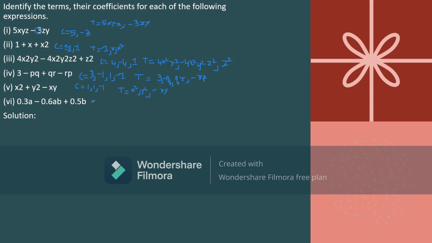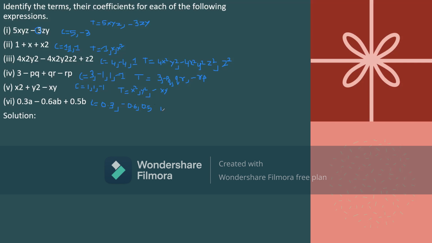Next one is coefficients. These coefficients are going to be negative decimals, positive decimals. So check it out. 0.3, comma, minus 0.6, comma, 0.5.